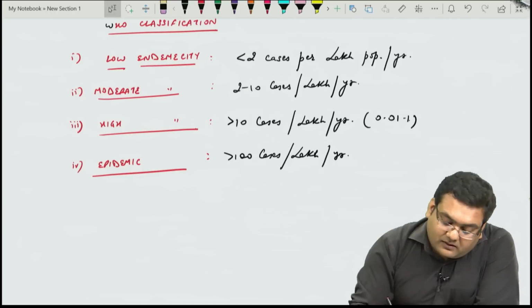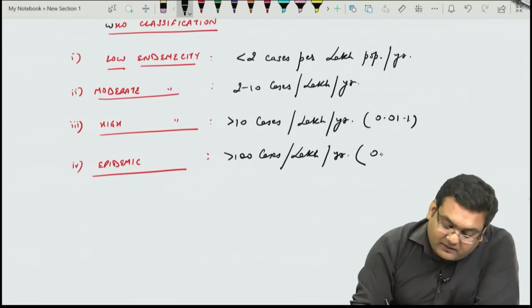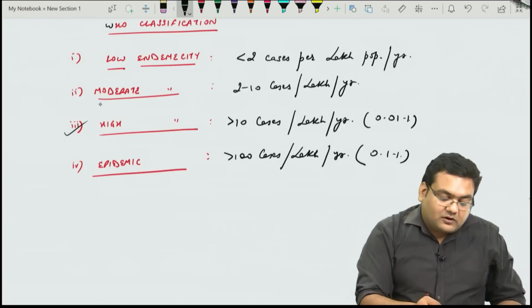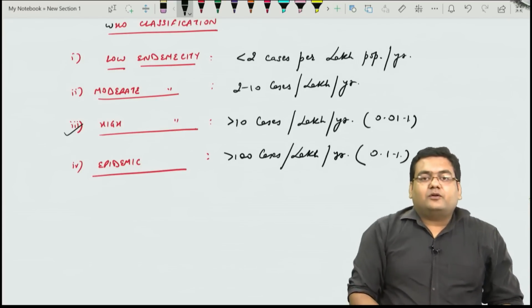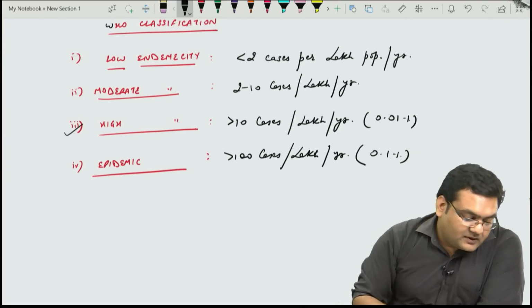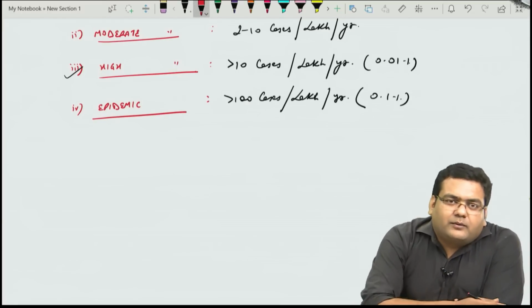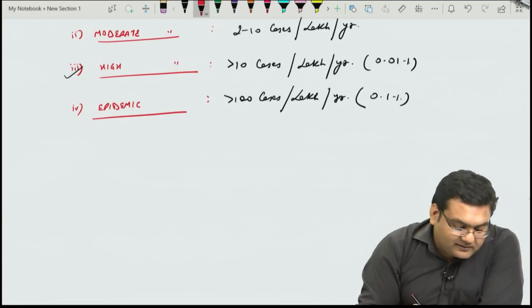And when we talk about epidemic proportions, it becomes 0.1%. The correct answer becomes option C, that is high endemicity is 0.01%. Let's learn some more important points about Neisseria meningitidis.